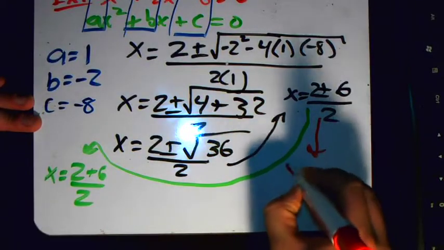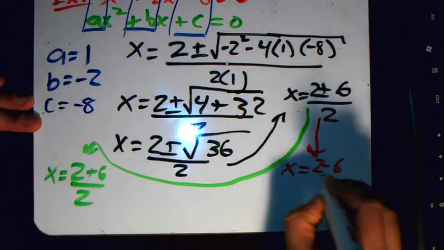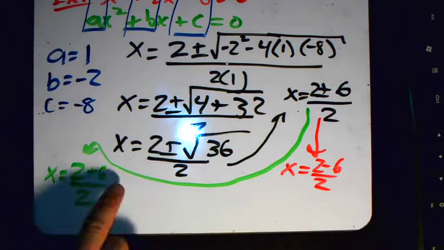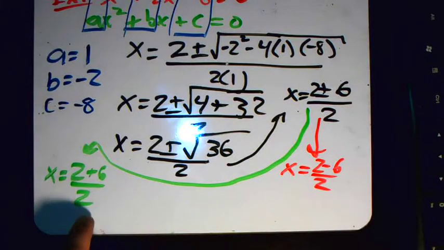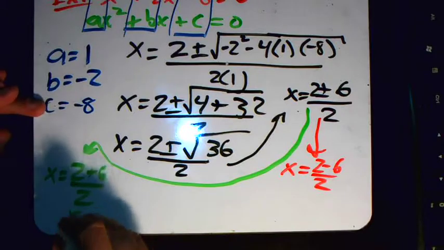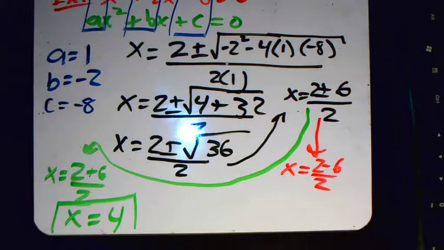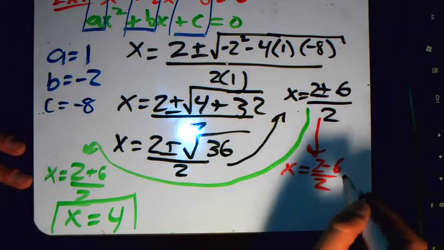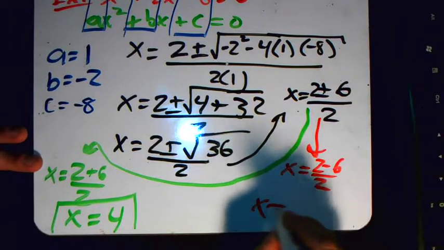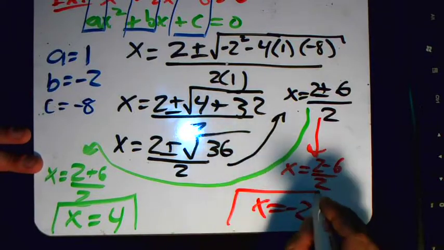The other one is using negative. 2 plus 6 is 8. Divided by 2 gives us 4. And 2 minus 6 is negative 4. Divided by 2 gives us negative 2.